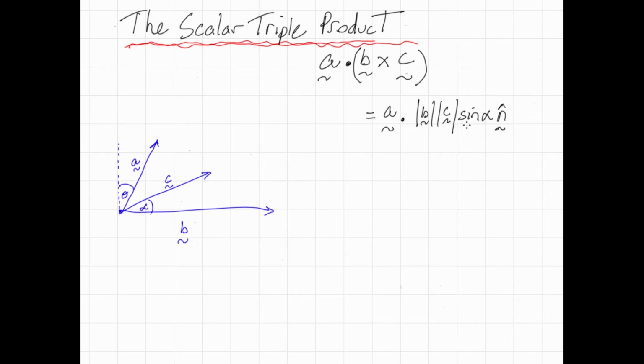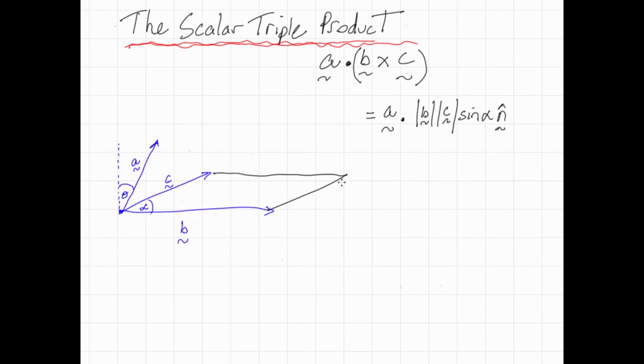Now, previously we've shown that the cross product can be geometrically interpreted as an area. B cross C is the area of the parallelogram formed by vector B and vector C. So let's just draw out a parallelogram.